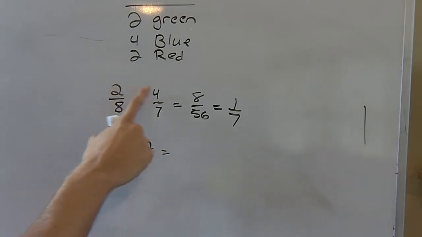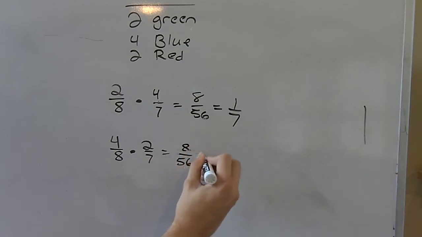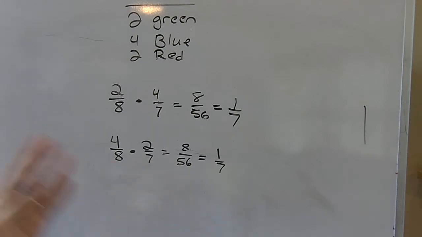So as you can see, the numerators aren't affected because this represents green and this represents blue. So if I pull a green, it's not affecting the blue. Numerators are the same, denominators are the same, so we still end up with the same probability. So it doesn't matter if you're pulling green or blue first. We're not worried about that. I just want a green marble and a blue marble.